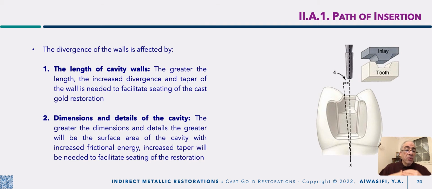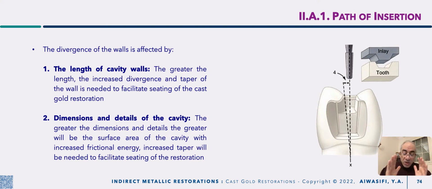Whenever your cavity wall is long due to caries or due to extensions, whatever the cause, and the cavity is deep, you are in need to increase the divergency and the taper of the wall to make sure that you have no undercuts and at the same time to relieve the stresses during seating of your inlay and during withdrawal of wax pattern to avoid its deformation.